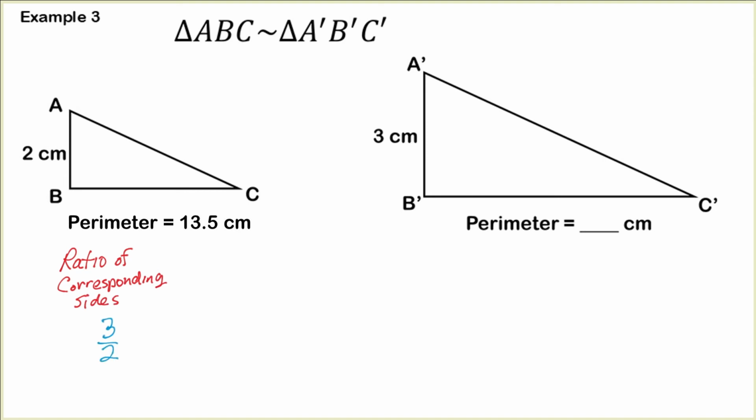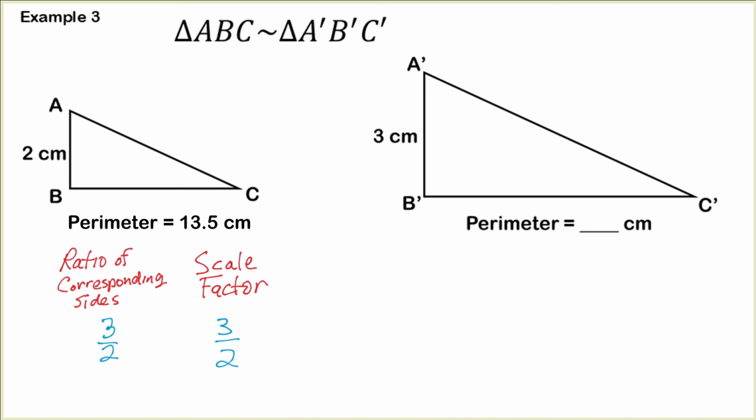So the ratio of the corresponding sides is the image over the pre-image, or 3 over 2. Now we're going to write down the scale factor. If the ratio of the corresponding sides is 3 over 2, when we reduce that, we will know the scale factor. Well, there's no greatest common factor for 3 and 2, so that is already reduced. So the scale factor is 3 over 2.